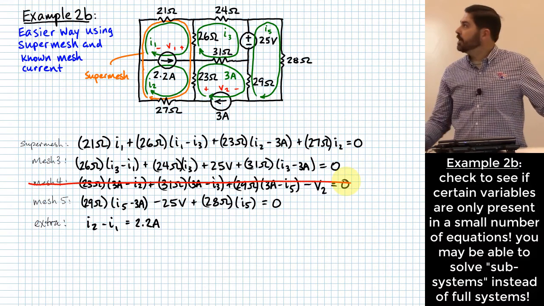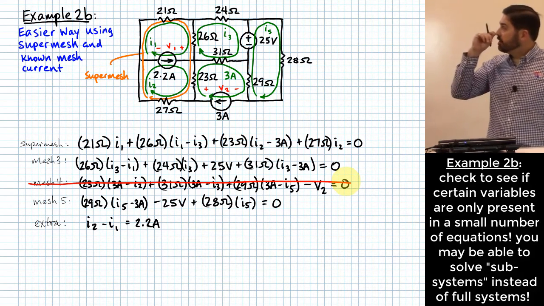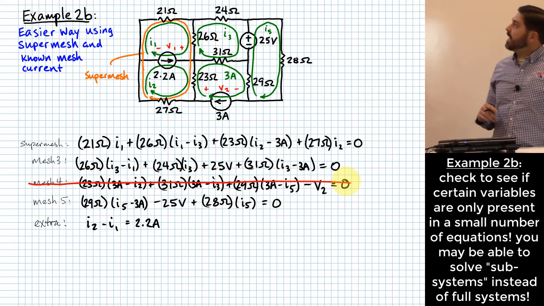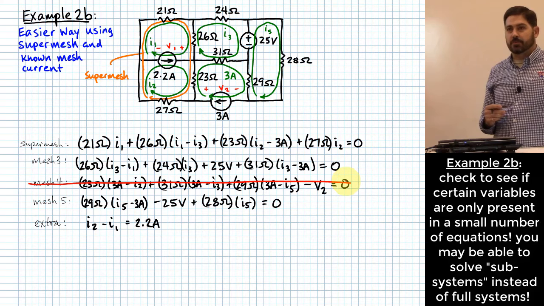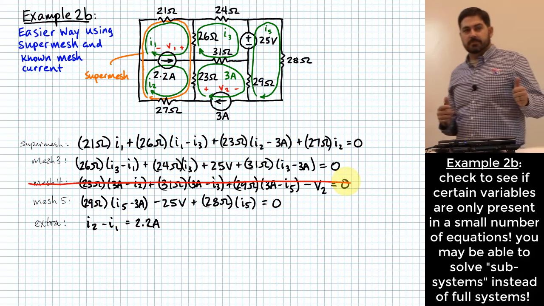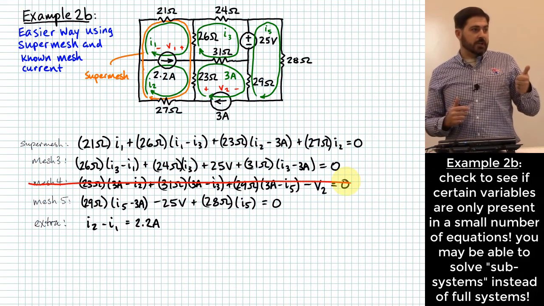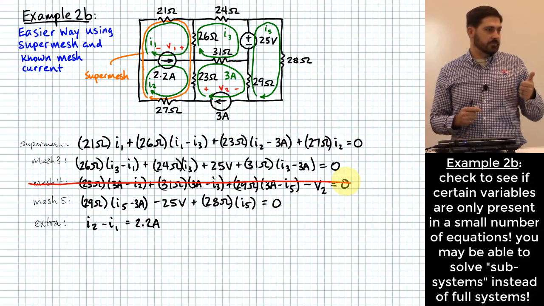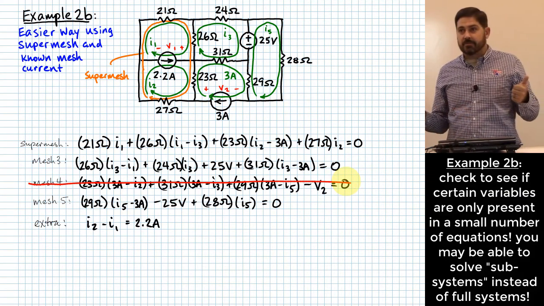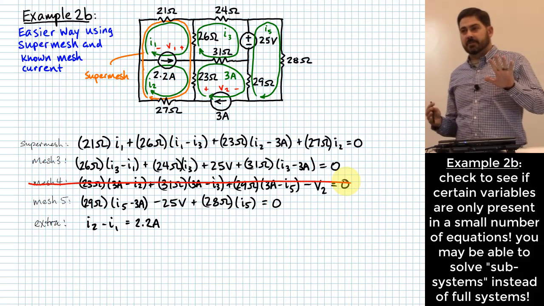But what if, in the process of solving this sucker, I pretend like that's not something I need or want? What does that do? It eliminates one of my unknowns, because it's the only place that V2 showed up. So now what do I have? I had a 5 by 5.